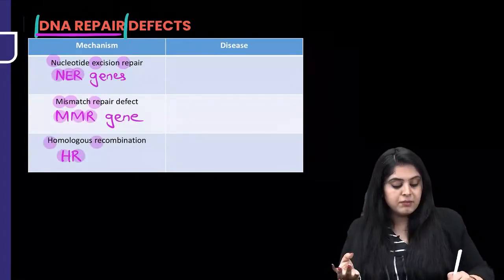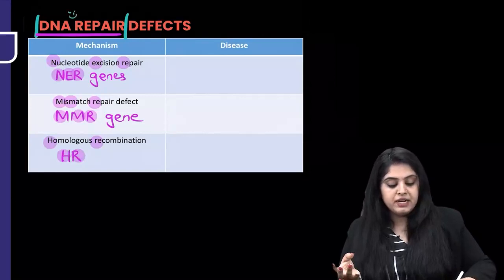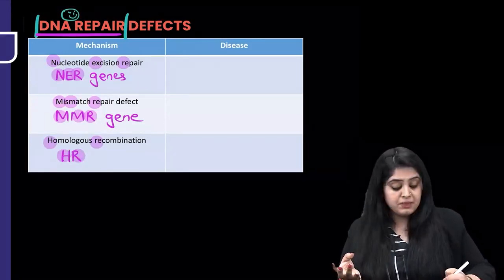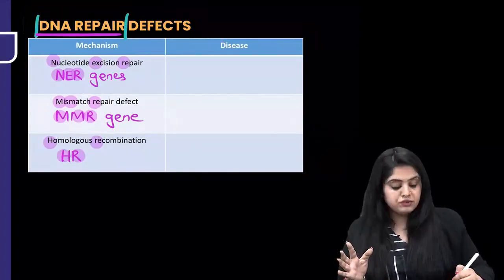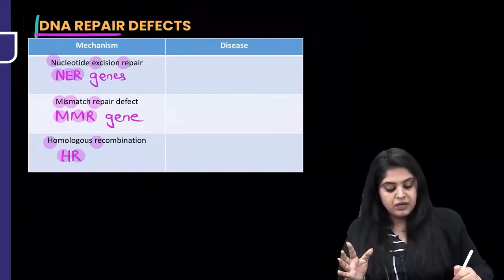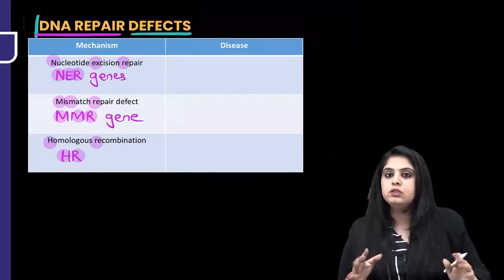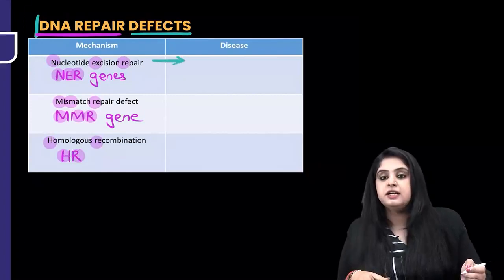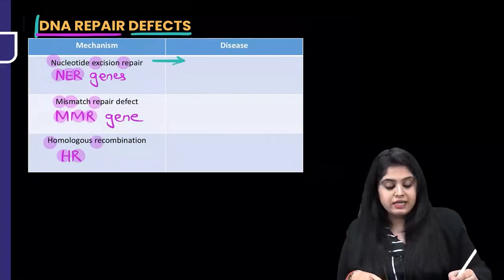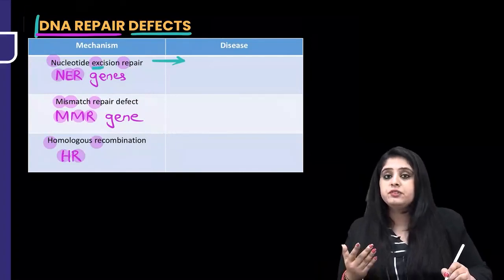So now you say that, ma'am, I was very happy till my DNA was repairing. I was very happy. Cancer came and converted it into sad. Cancer is saying that now there is going to be a defect. All the good people are going to go. So if there is a defect in NER, remember, nucleotide excision, read the excision opposite, XE.